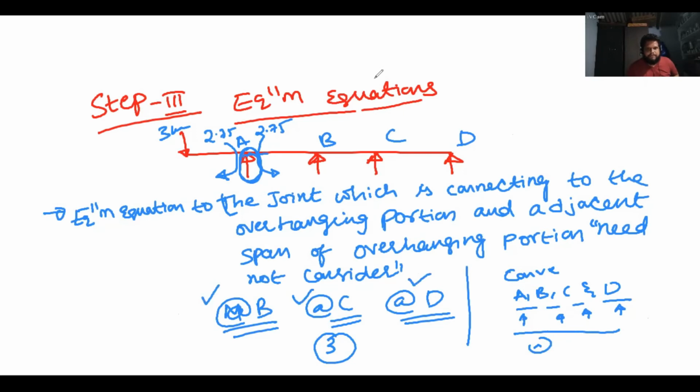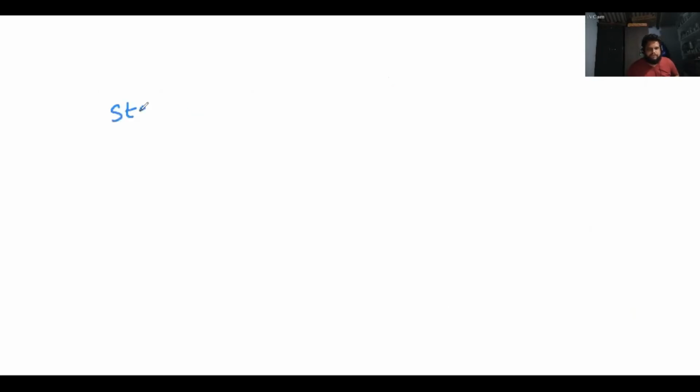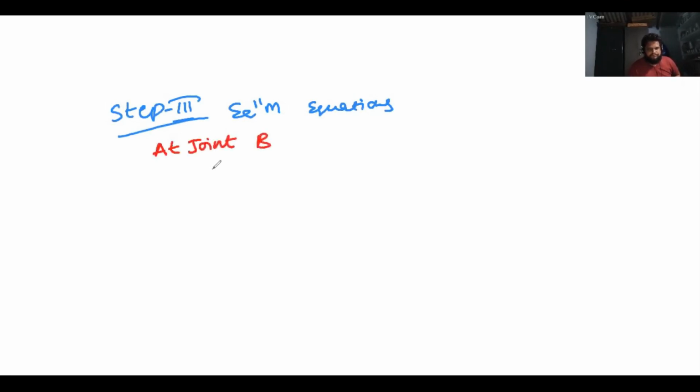I am clearing this page. Step 3, equilibrium equations. Now at joint B, M dash BA plus M dash BC equal to 0. What is the M dash BA value?